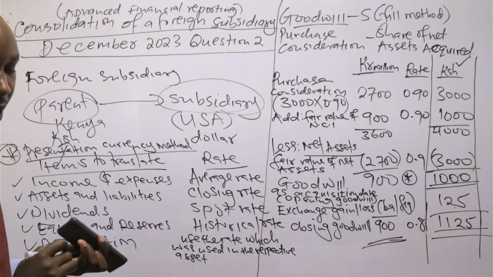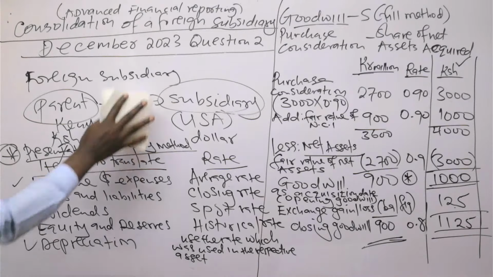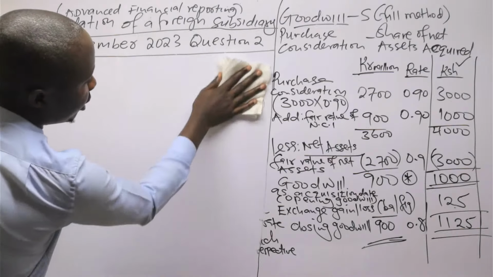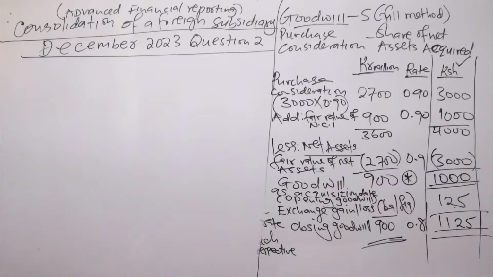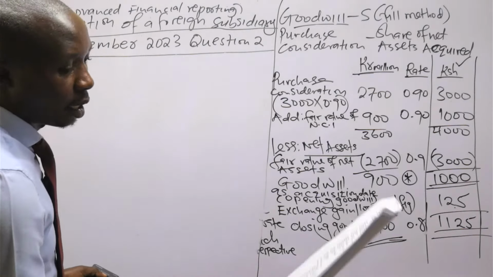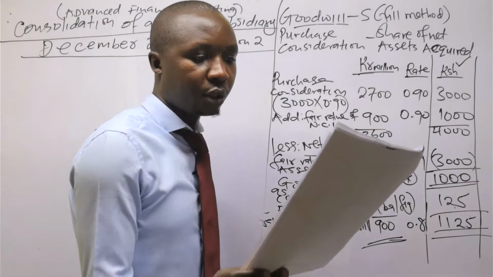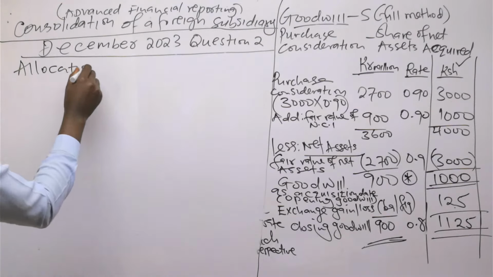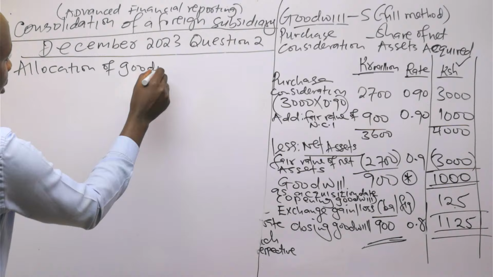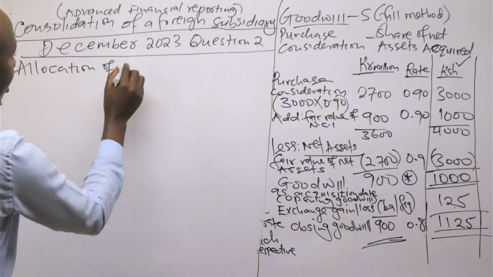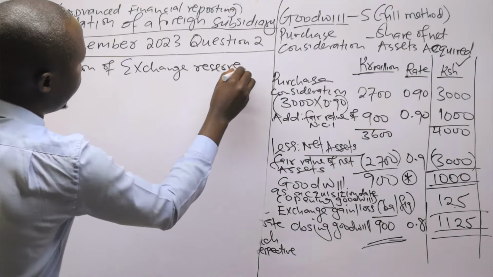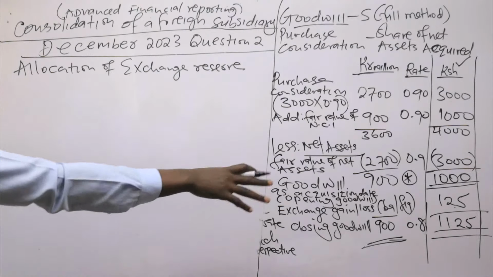This exchange gain of 125 will be shared between the parent and the NCI, because the parent never controlled this subsidiary 100%. The parent was controlling S up to 80%. So this is the allocation of the exchange gain, the exchange reserve due to goodwill.